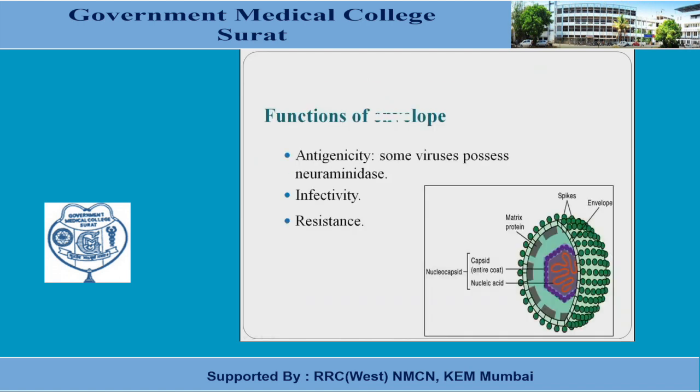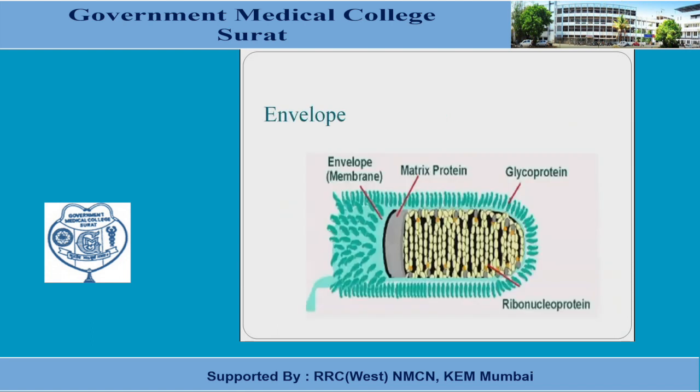The function is antigenicity. Some viruses have neuraminidase on these spikes, giving infectivity, and they are sensitive to certain chemicals. So these are the enveloped viruses. We can see it clearly over here.